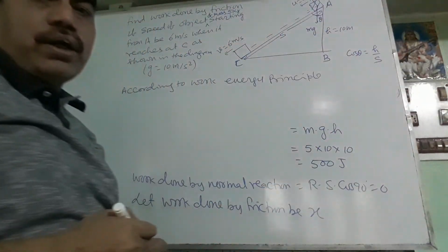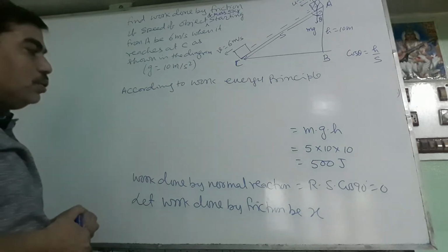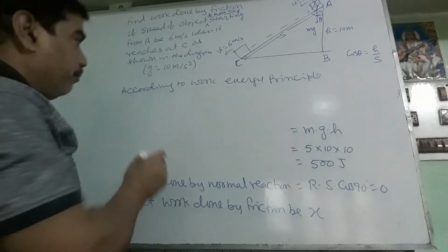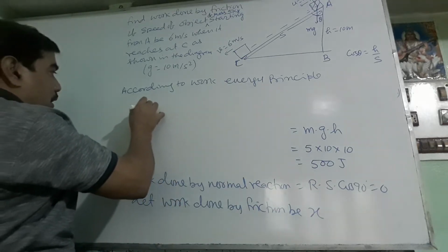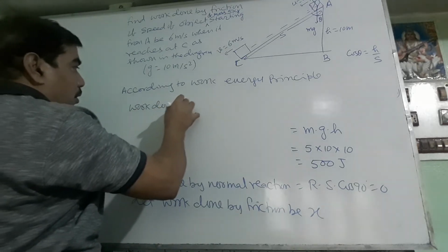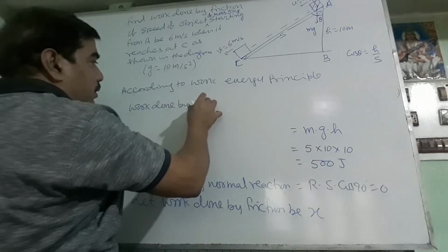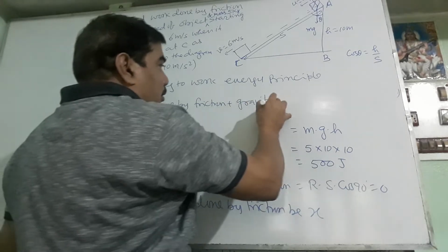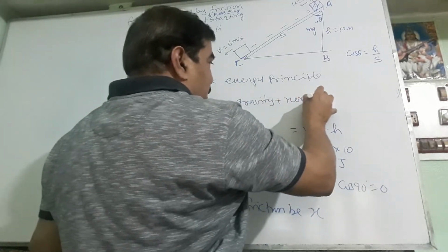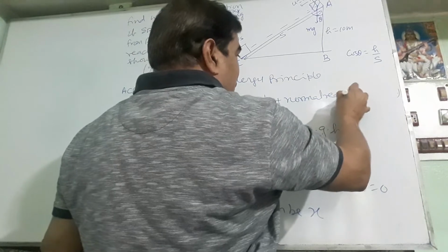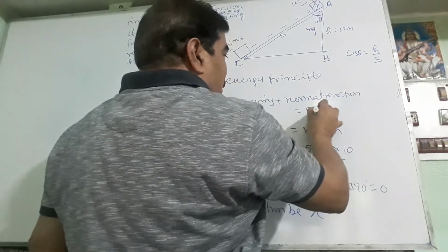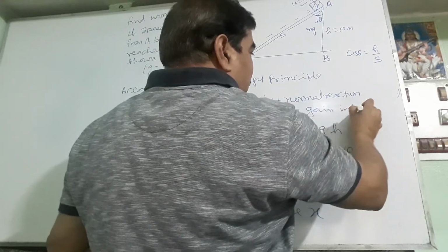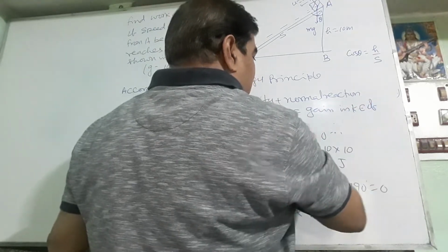So according to the work energy principle, the work done by all the forces, friction plus gravity plus normal reaction, will be equal to the gain in kinetic energy of the object.